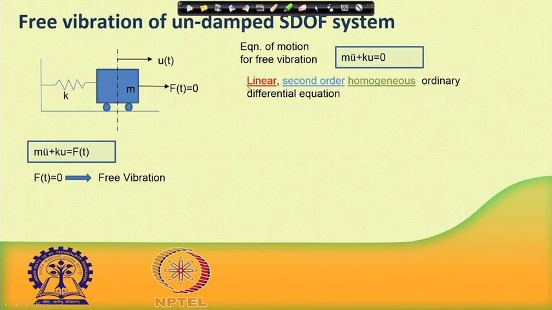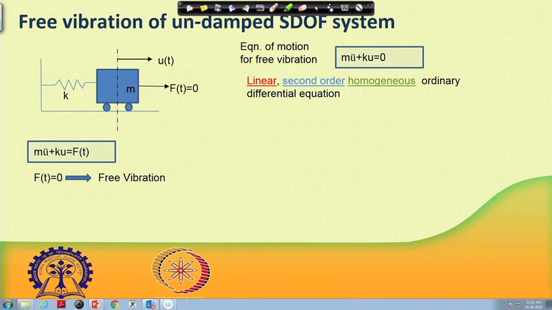It is a linear, second order equation, and it is homogeneous because the right hand side is equal to 0, and we know how to solve this kind of equation. So, the first job is to solve this equation to obtain the expression for u t. That is what we are going to do.